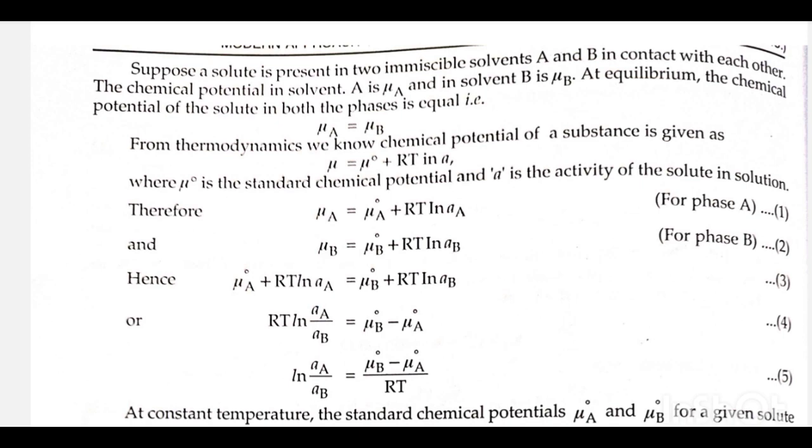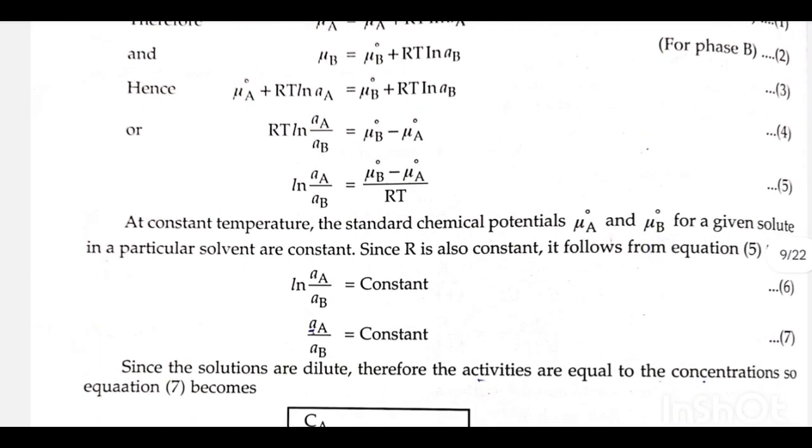Hence, mu naught A plus RT ln aA is equal to mu naught B plus RT ln aB, third equation. RT ln aA upon aB is equal to mu naught B minus mu naught A, fourth equation. ln aA by aB is equal to mu naught B minus mu naught A upon RT, fifth equation.